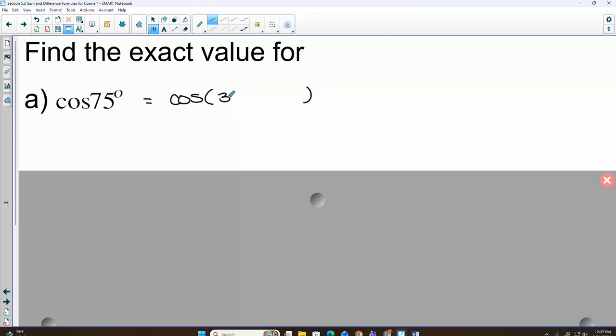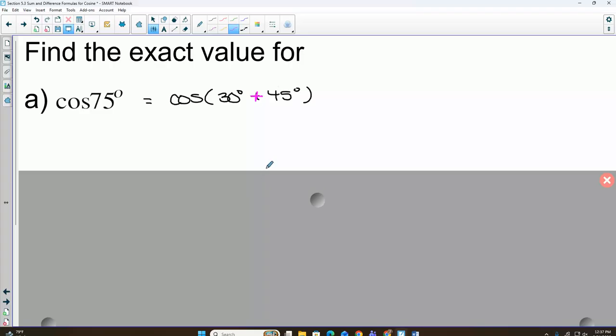Okay, I could do 30 plus 45. Now, some of these there might be multiple ways. Like we could have subtracted two angles to get 75. That's okay, you just have to have an equivalent one. So when I look at this, I notice that I have a plus sign in the middle.